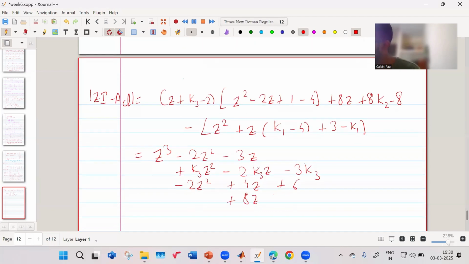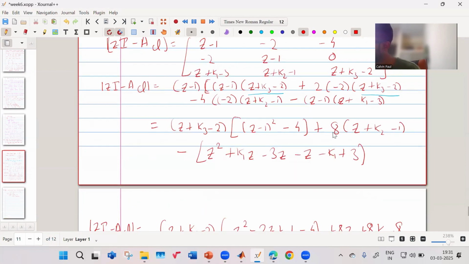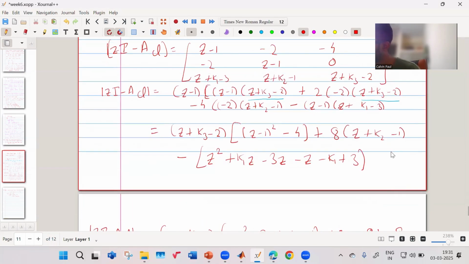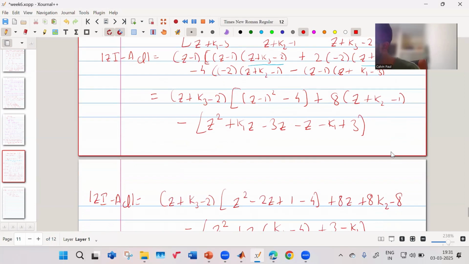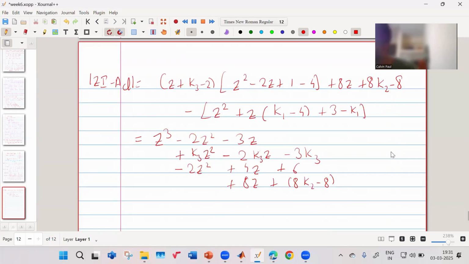Plus 8z plus 8K2 minus 8, then minus z square, plus z into (minus K1 plus 4), plus K1 minus 3.